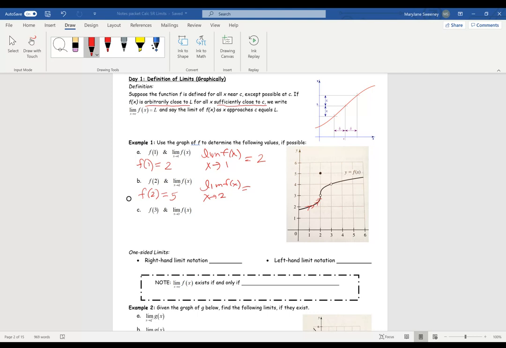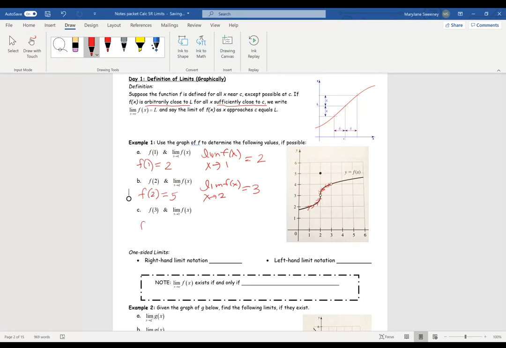They're approaching 3. Same thing as I come from the right. If I'm at 2.000001, where are my y's approaching? They're approaching 3. So the limit would be 3.